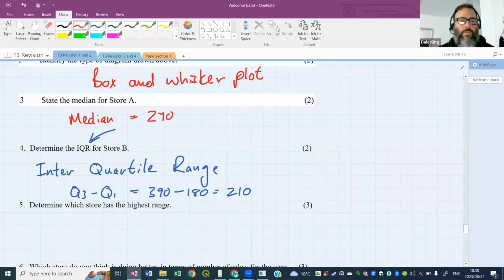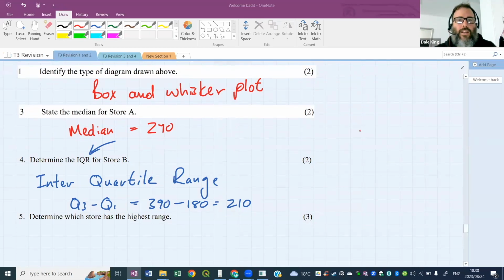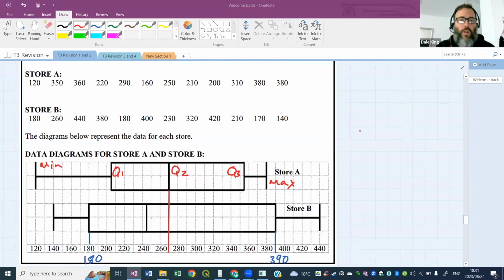Awesome. All right, ladies and gentlemen, you have to agree with me that if we hadn't done a little bit of an introduction here, reminding ourselves what measures of spread are, how to work them out, where they're used in a box and whisker plot, and what the different parts of a box and whisker plot are, then as soon as I throw this question at you, you'd be like, oh.